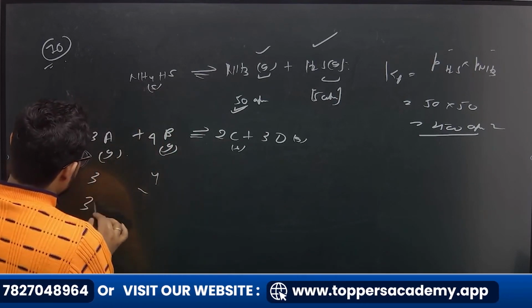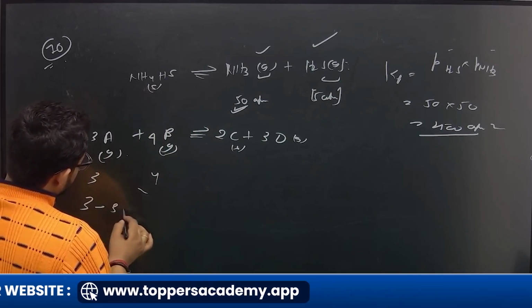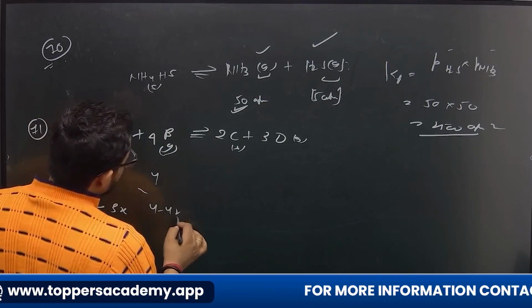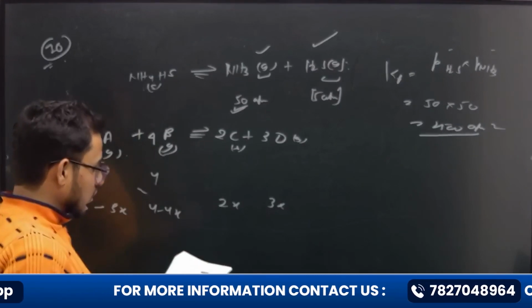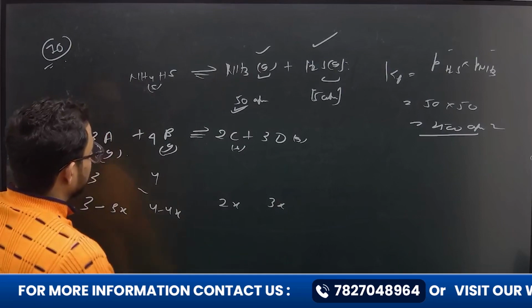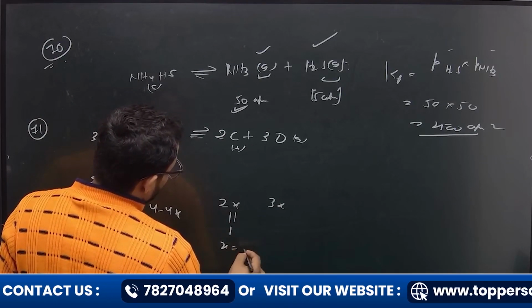So 3 minus 3x, 4 minus 4x, 2x and 3x will be formed. He's saying that 1 mole of C means 2x is equal to 1, so x will be equal to 1 upon 2, that is 0.5.